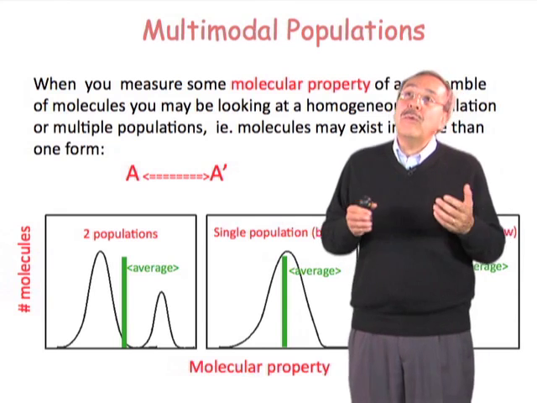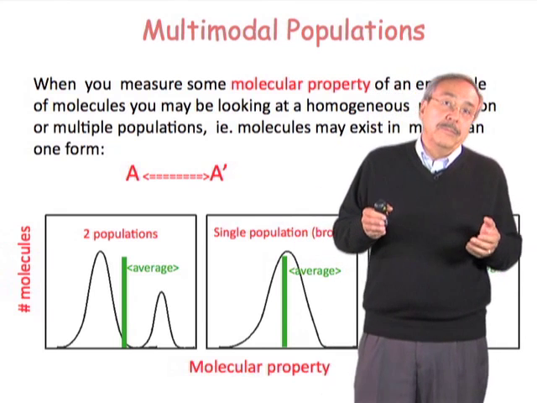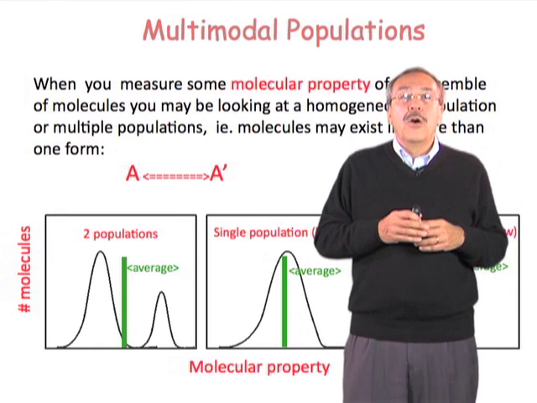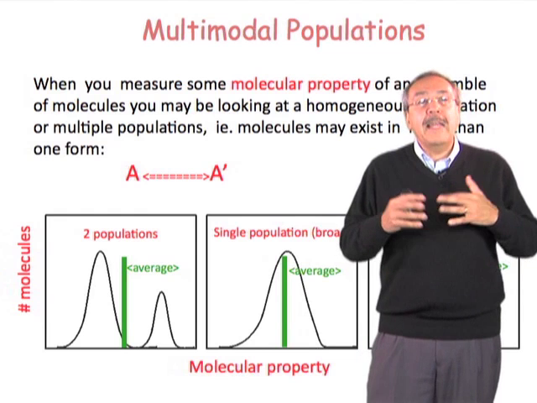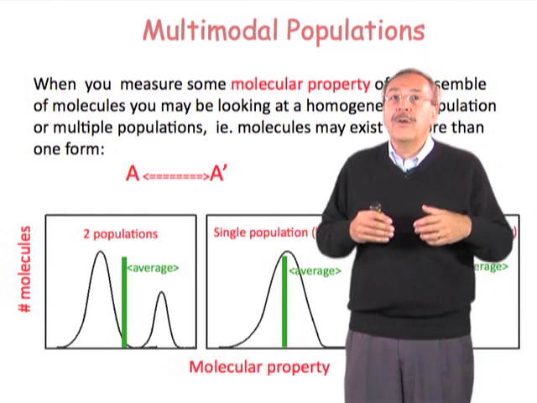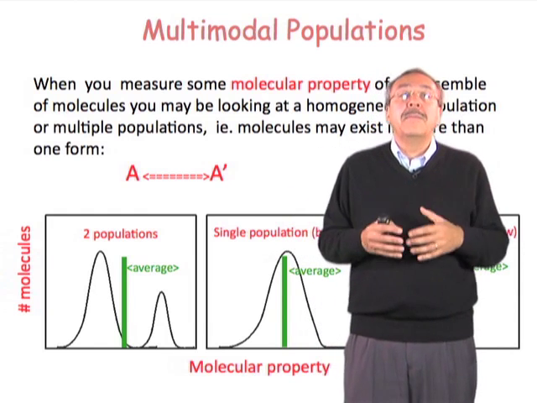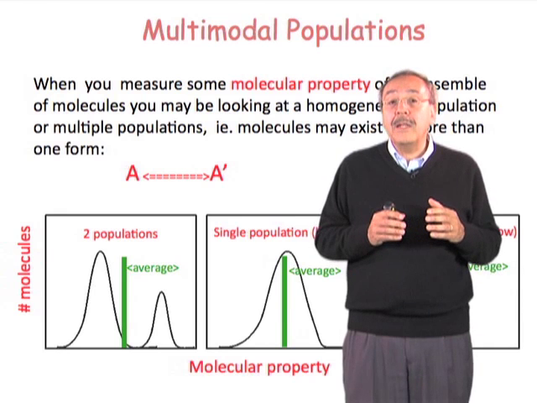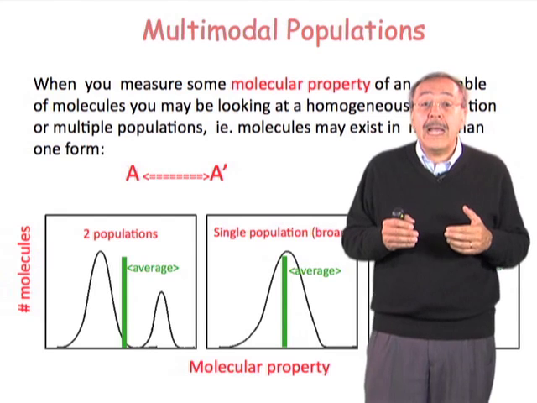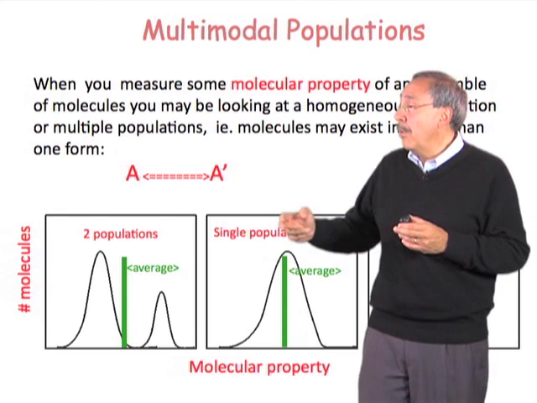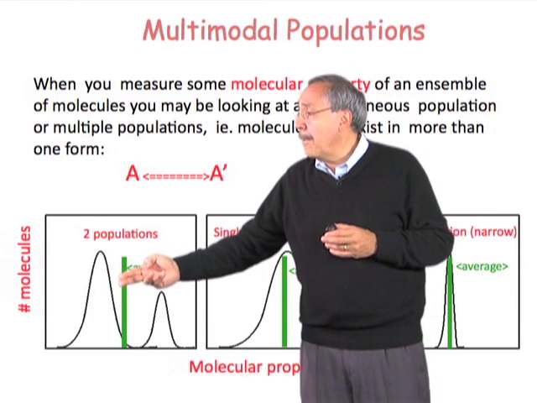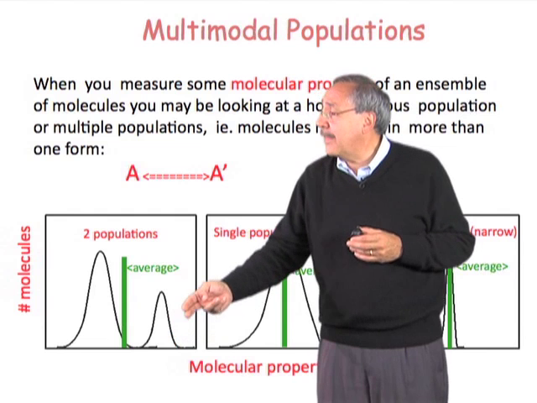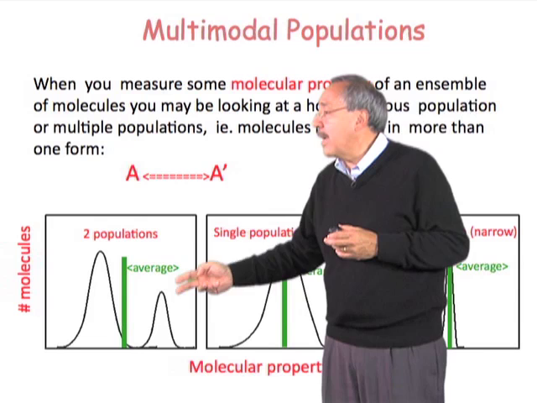And so, in fact, the molecular property that you are interested in studying, for example, let's assume that is the ability to absorb light, or the dimensions of the molecule, or, for example, the state of the molecule, whether it is as a monomer, or if it is as a dimer, or aggregated in some larger structure, whatever the molecular property that you are studying may not be actually a single population, but you may have multiple populations where you may have molecules spending some time in this type of property with this particular value of the property, or they may actually spend some time also in this other property, and there may be some kind of exchange between these two populations, right?